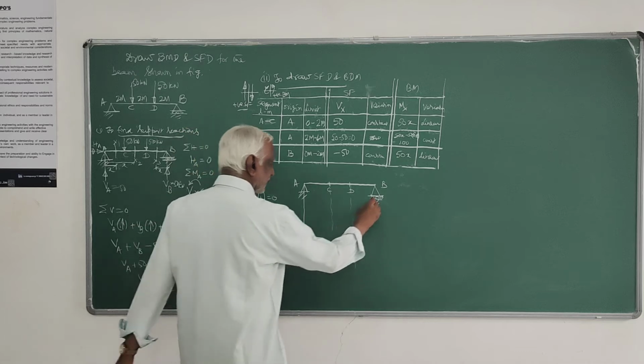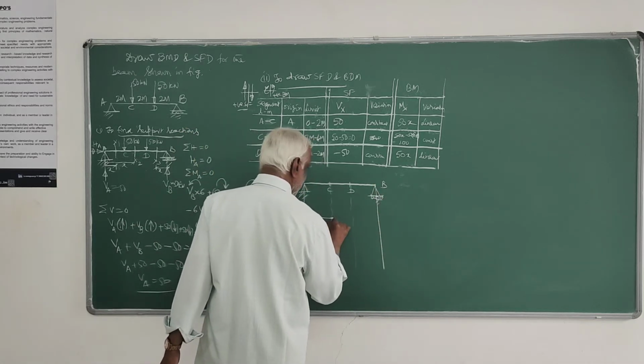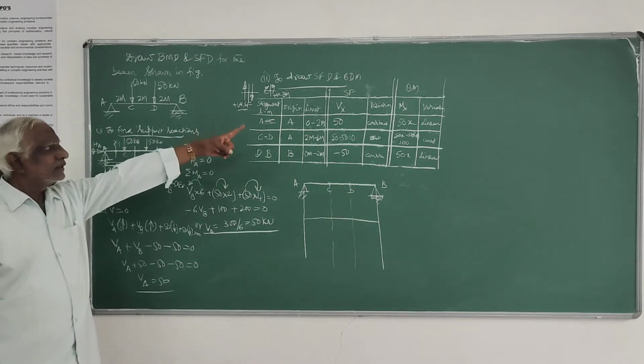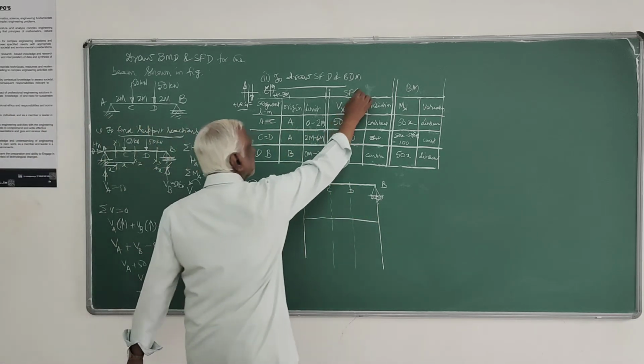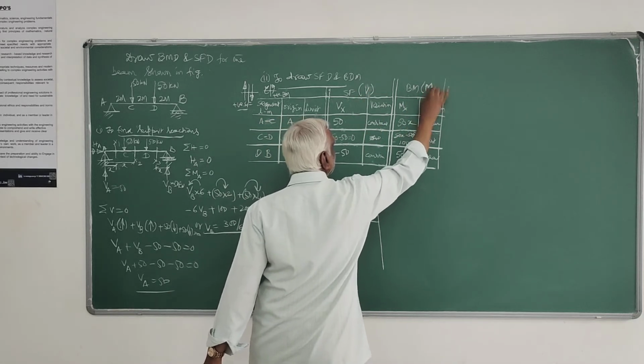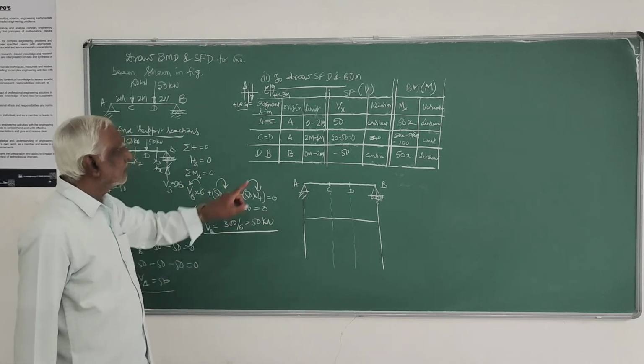Easily you can plot it, knowing that variation shape as well as the values. First let us take shear force V and bending moment M. First I will take the V diagram.